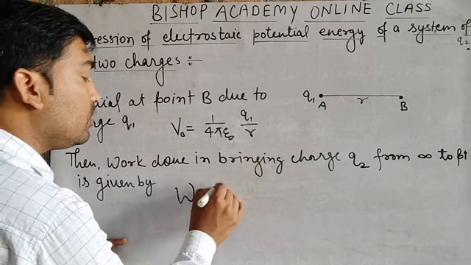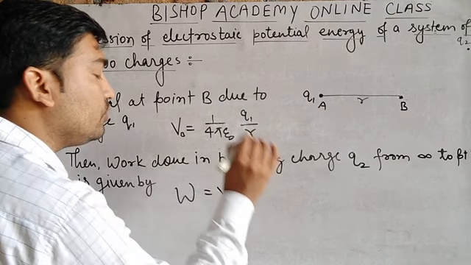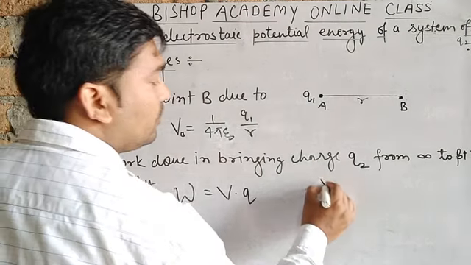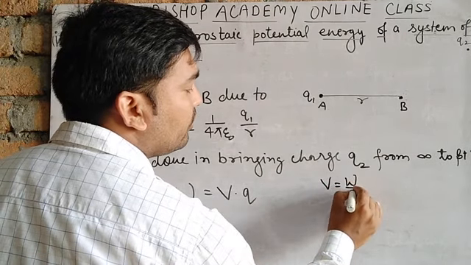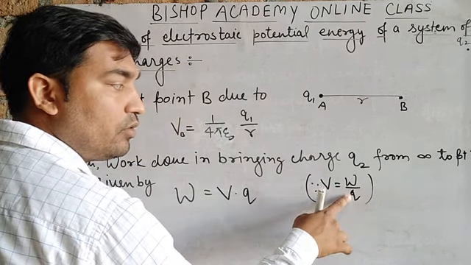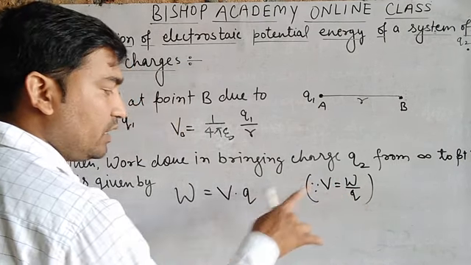W equals potential into charge Q, because V is equal to W by Q. Since V is equal to W by Q, then W is equal to V into Q.